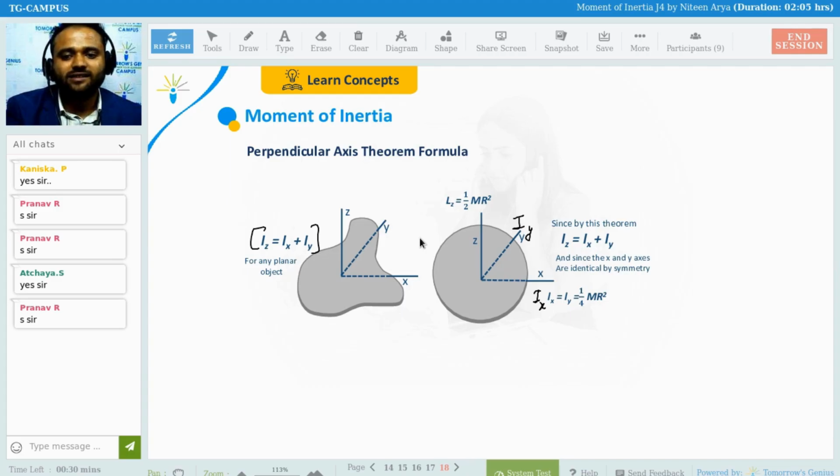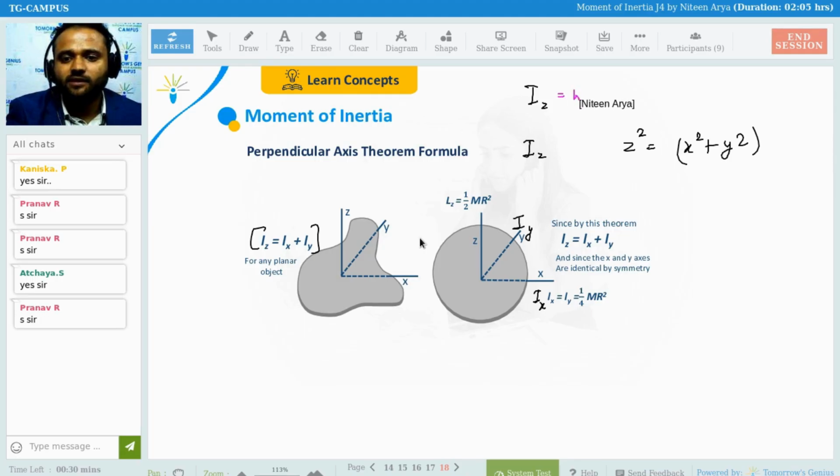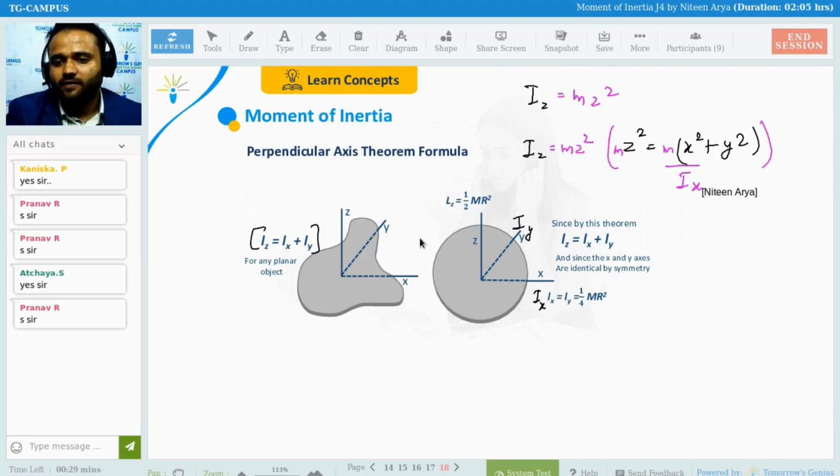The x and y axes are symmetric, and r, the same analogy, along this z, z² is x² plus y², right? So Iz is mz², and that is Ix plus Iy.